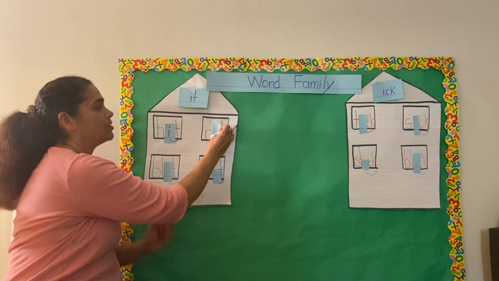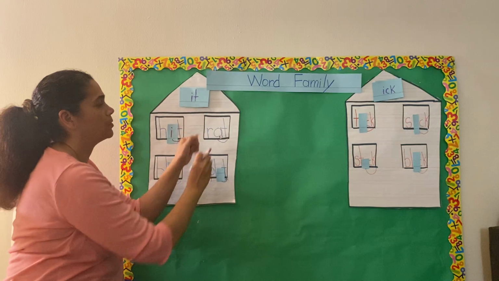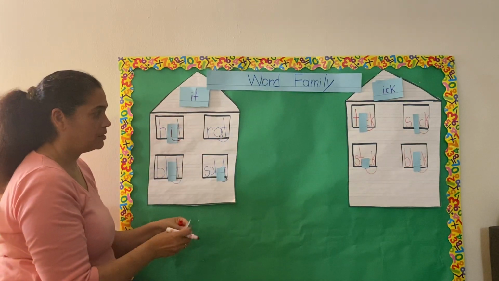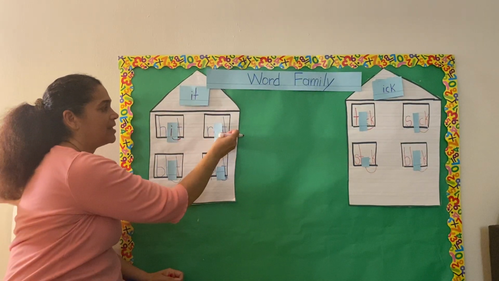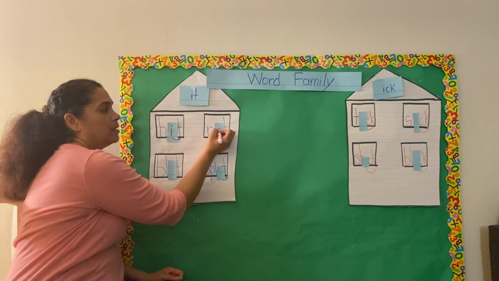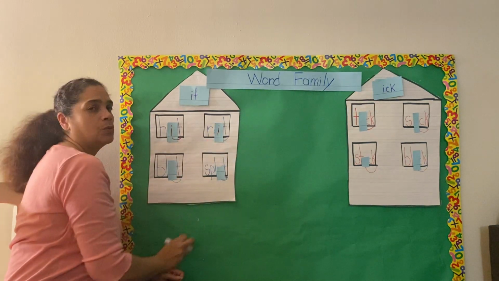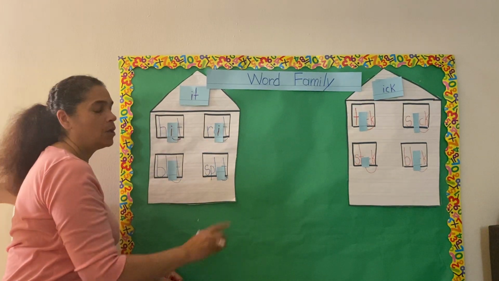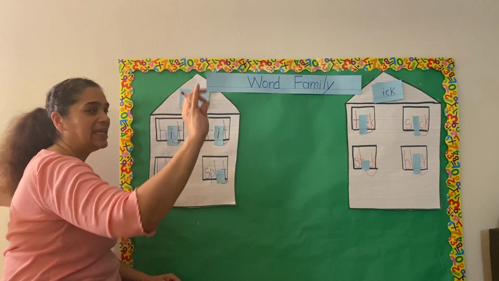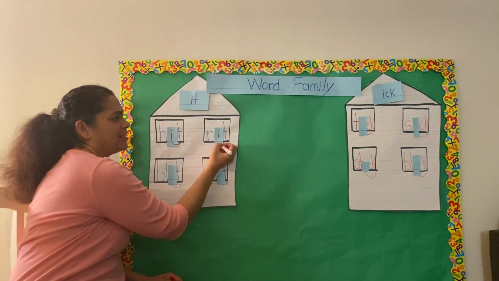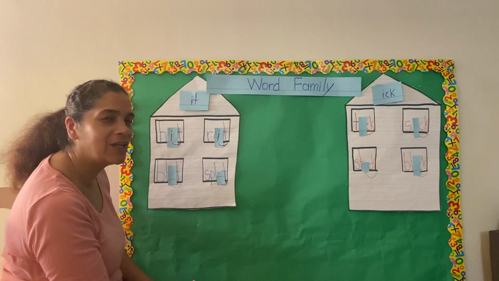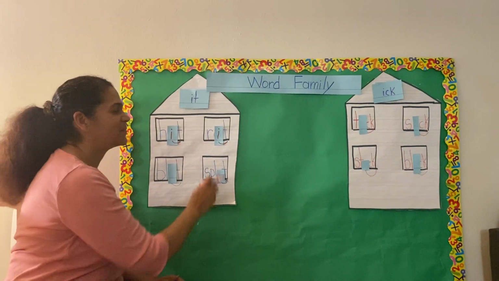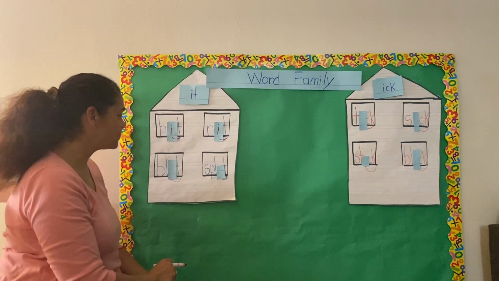If we changed rat, we changed the A to I, and that middle sound, we changed to I. We have writ. Is that a real word or one of our nonsense words? I think it's a nonsense word.